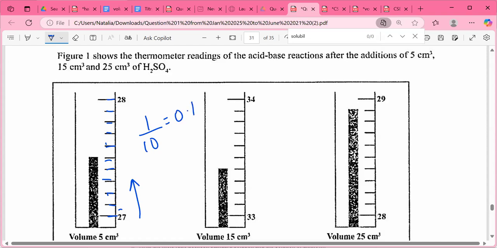So this thermometer reads 0.1 and it reads increasing from bottom to top. What's the reading? So it reads different from a burette. What's the reading? Please. 27.5. 27 point what? So 1, 2, 3, 4, 5. So we have 27.5.